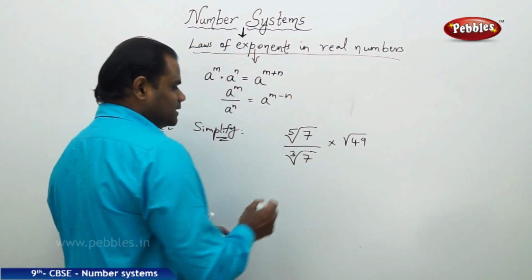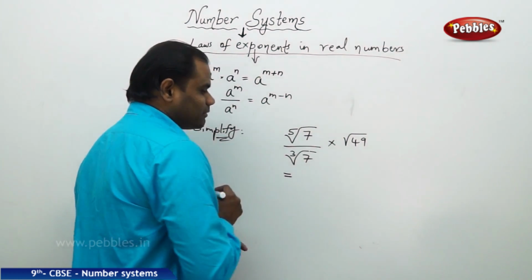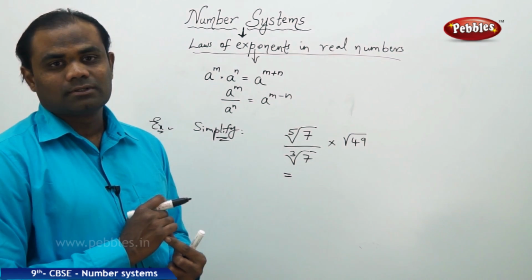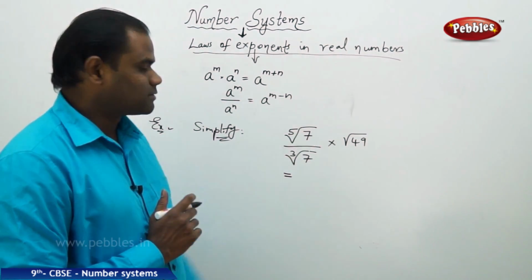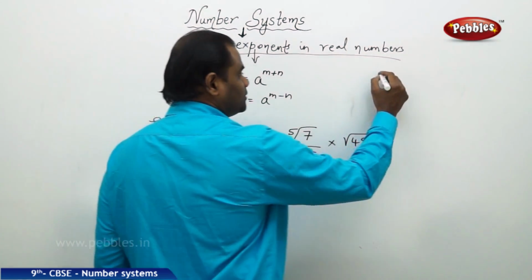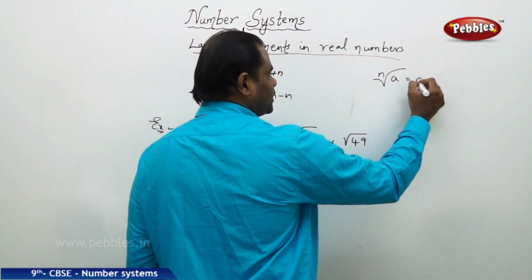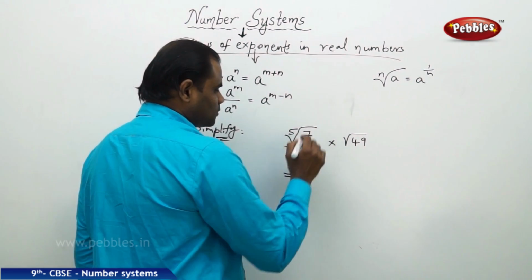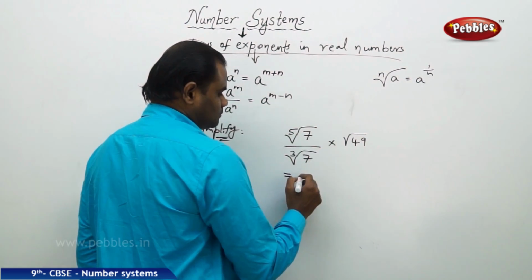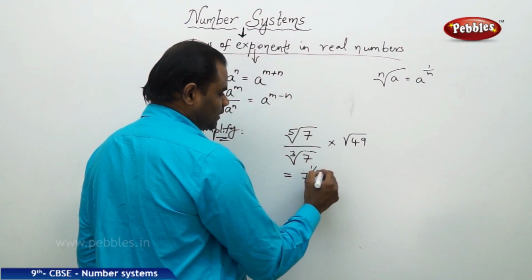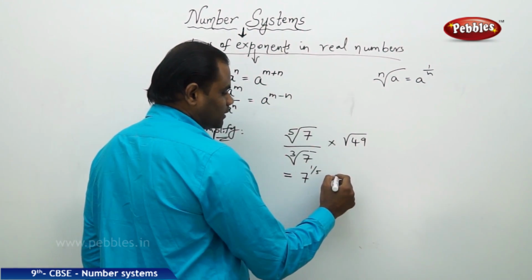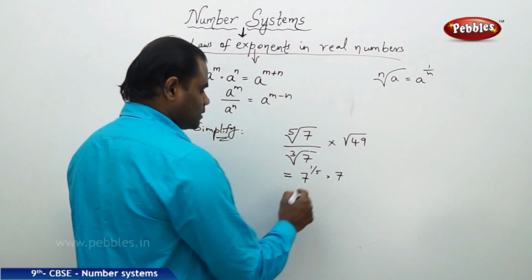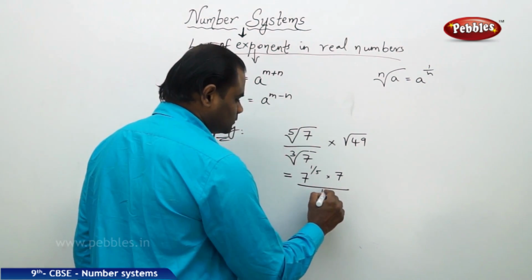Now clearly I see that this can be simplified initially by extracting the roots. Because it's the 5th root of 7, we understand that the nth root of a is a power 1 by n, and hence the 5th root of 7 is 7 power 1 by 5, and root 49, which is 7 because root of 7 square, and cube root of 7 is 7 power 1 by 3.